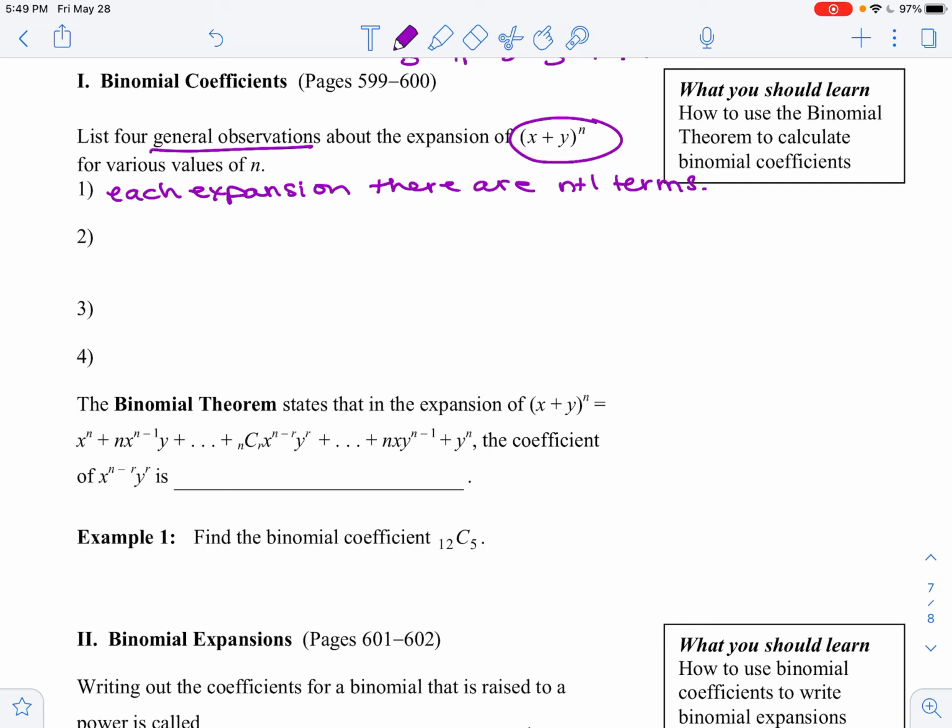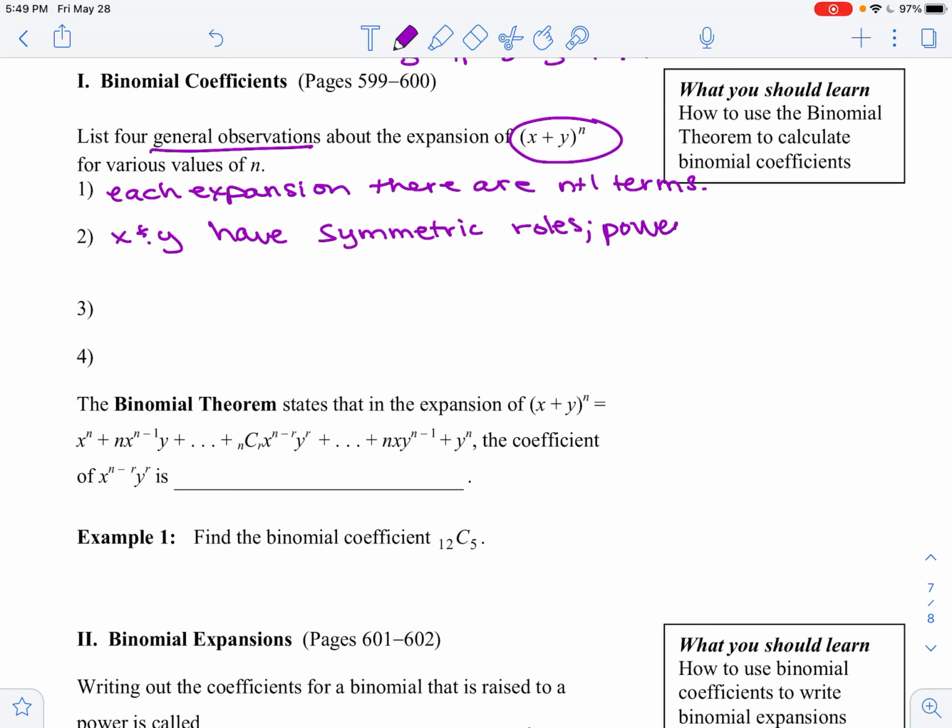Number 2, x and y have symmetric roles, meaning as they get expanded, as x decreases, y will increase, and I'll show you that in a second.